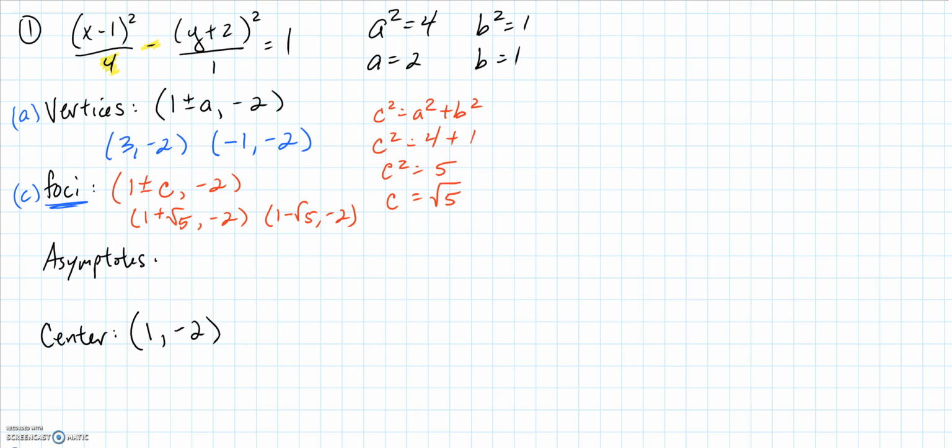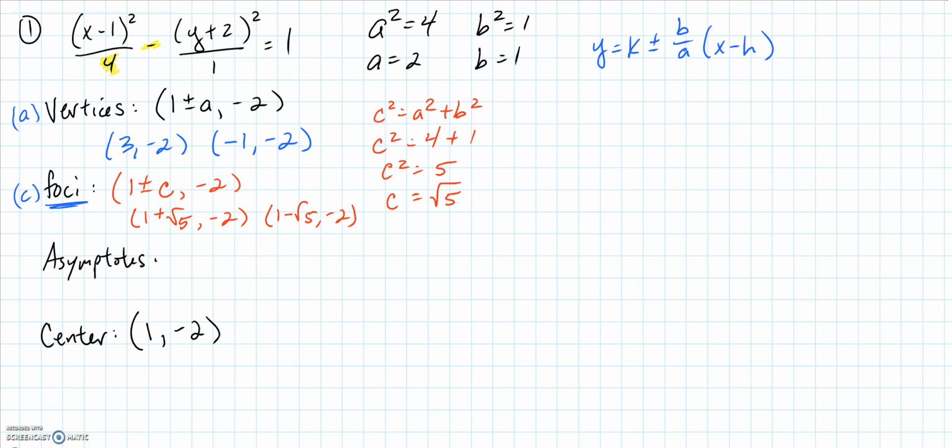The asymptotes. For the asymptotes, we had our formulas. I'm going to go over here to the right. It was y equals k plus or minus b over a times (x minus h).